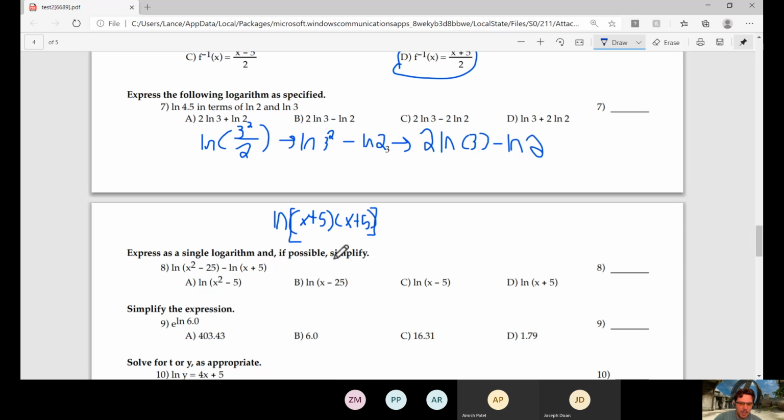So you just break that up, simplify that, minus natural log of x plus 5. And it turns into x plus 5 squared over natural log of x plus 5. Oh, no, wait. Not natural log.